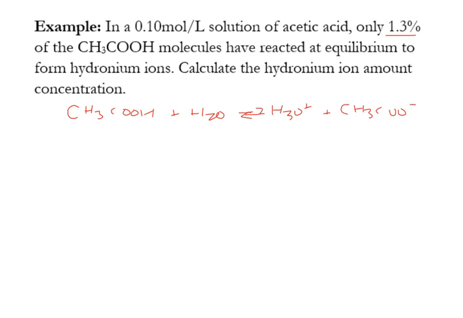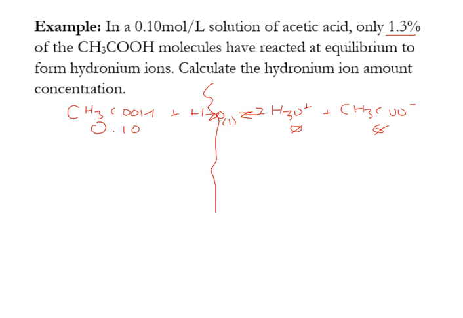If I were to make my ice chart, though, it would look something like this. We started with 0.10 right here. And water doesn't count because, well, water's a liquid. Water doesn't have a concentration. And we didn't really begin with anything here. This is where I'm coming full circle because this is why I started my lesson with an example. What's going to happen to the stuff over here on the product side? Is it going to go up or down?